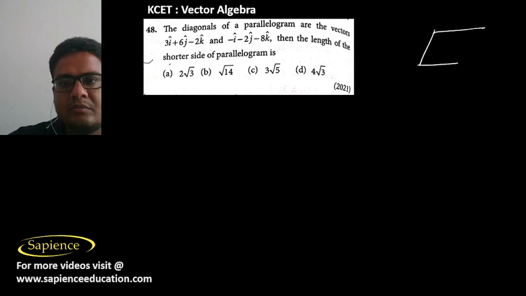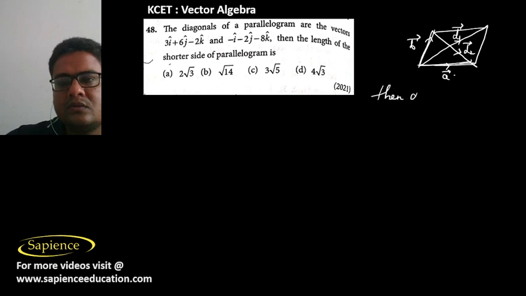So in a parallelogram, this is the diagonal d1, the longer one, and this is the diagonal d2. The shorter side is suppose vector b, the longer side is suppose vector a.